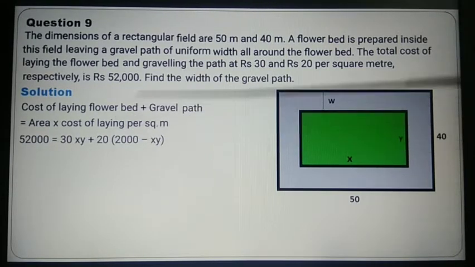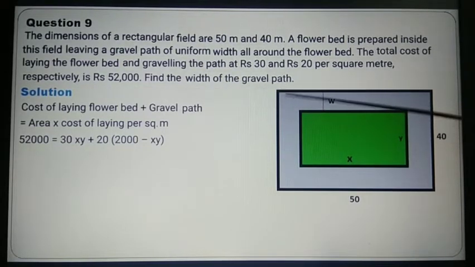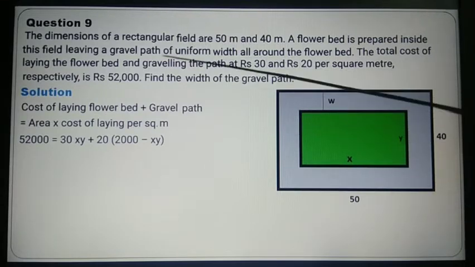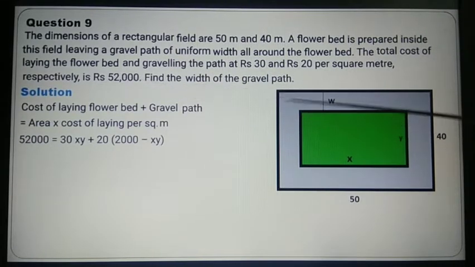So let me repeat once again if you have not understood. We know that the cost of laying this and this together, the cost of graveling this and laying this, is given to be 52,000. Okay, and this is calculated on the basis of per square meter, right?